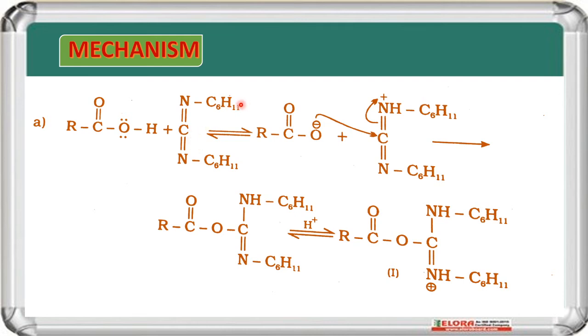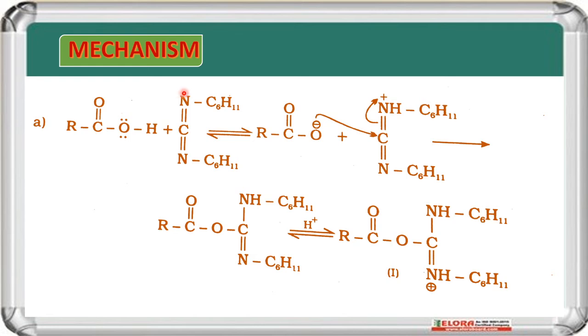The molecular formula of DCC is written in this form: C6H11-N=C=N-C6H11. In this mechanism, we start with the nitrogen containing lone pair of electrons.